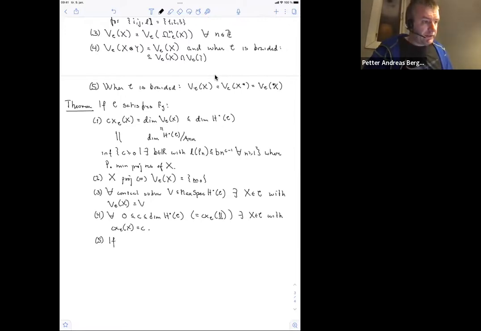And let me just finally say that if the support variety of an object decomposes, then the object decomposes accordingly.